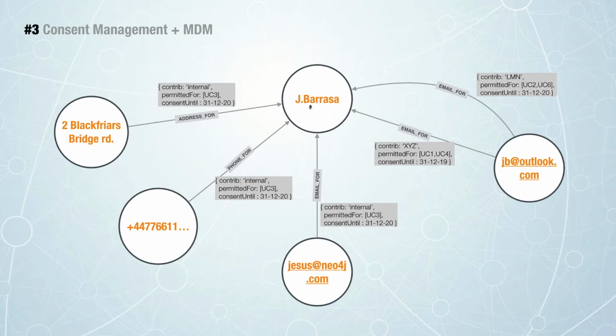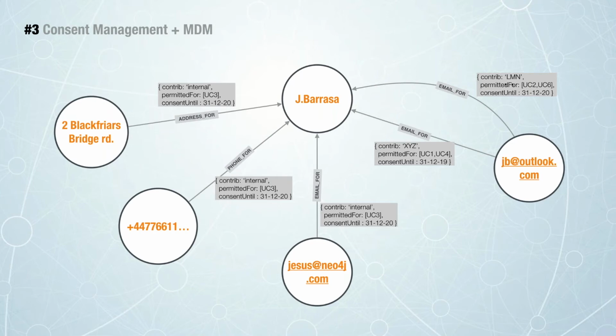That node represents me, and I might have shared my personal email address with the organization, and I've given you consent for specific use cases. That's where the value of these properties in relationships can be useful. That's one example of how this can be modeled.